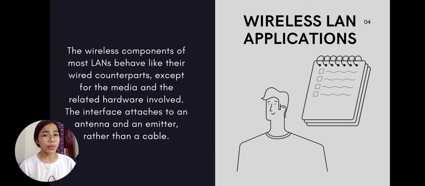The wireless components of most LANs behave like their wired counterparts, except for the media and the related hardware involved. The interface attaches to an antenna and an emitter rather than a cable.